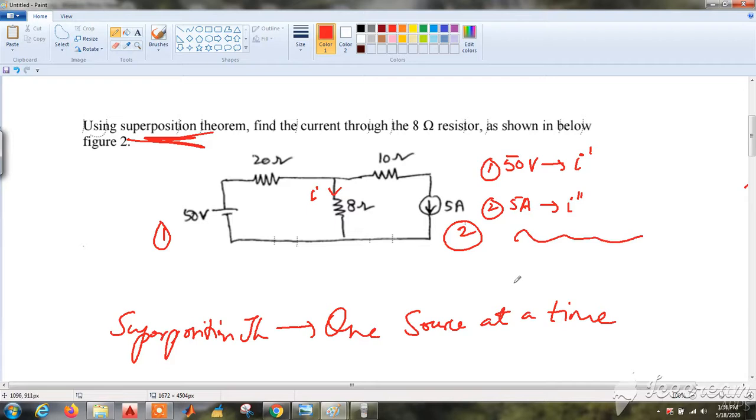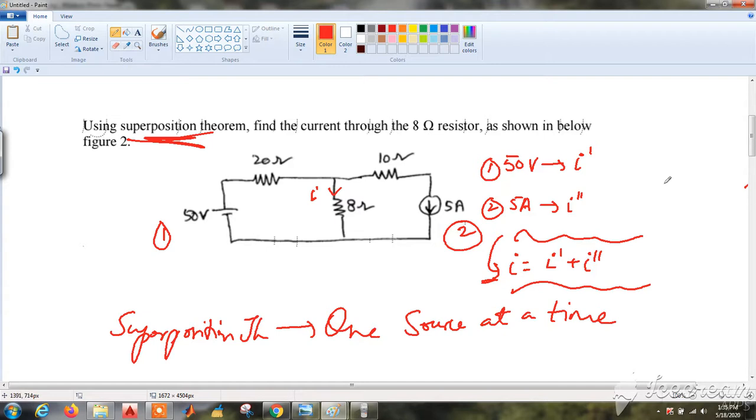Then finally, according to superposition theorem, the actual current I is the sum I dash plus I double dash, which were calculated using individual sources. That means we are superimposing the currents found by individual sources to get our final result, the actual current flowing in this circuit.